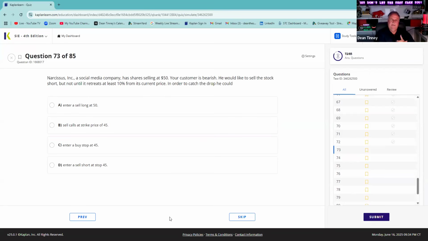Narcissist, a social media company, has shares selling at 50. Your customer is bearish. You'd like to sell the stock short, but not until it retreats at least 10% from its current market price. In order to catch the drop, he could... So he's bearish and would like to sell the stock short, but not until it drops at least 10%.